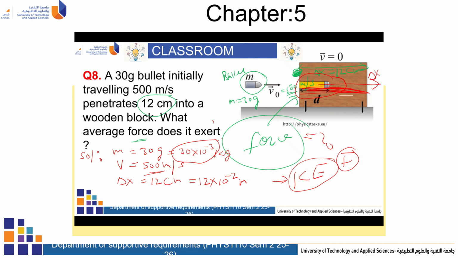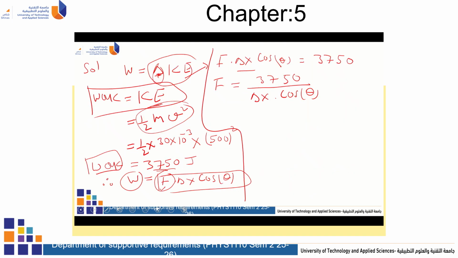It is moving in this direction, hitting the wooden surface. So this is the direction of the force. The direction of the force and the direction of the displacement are parallel, so they have an angle of 0 degree.